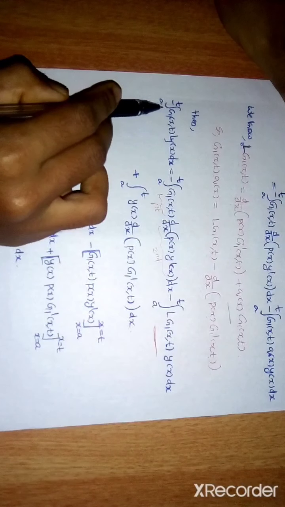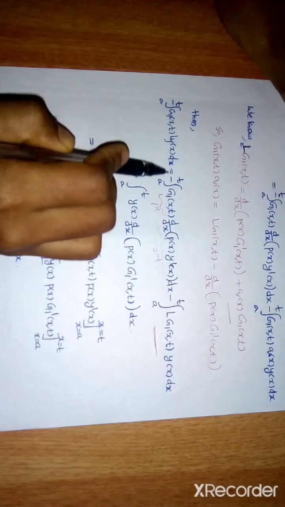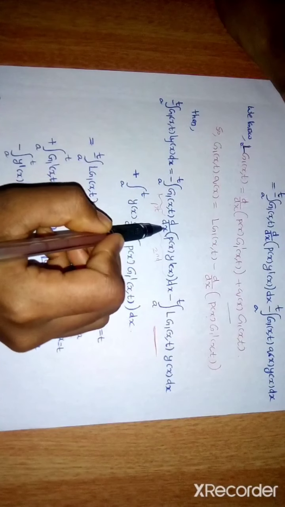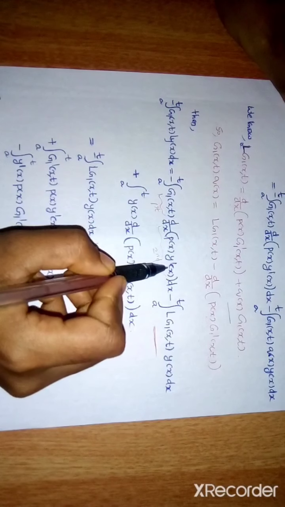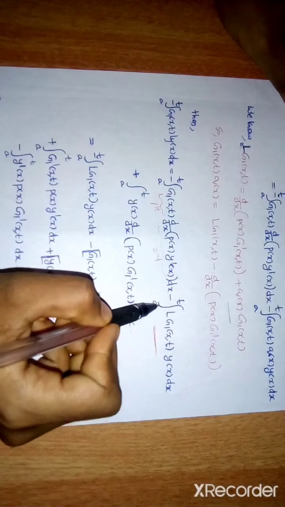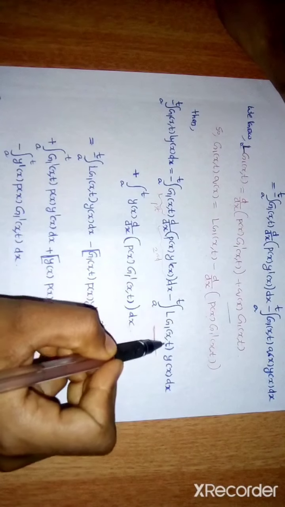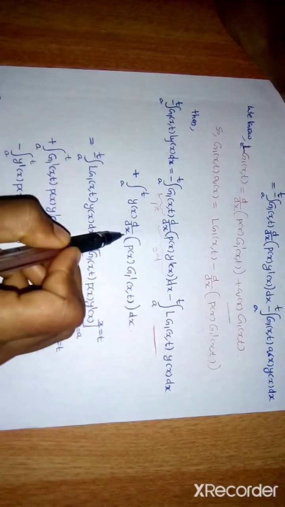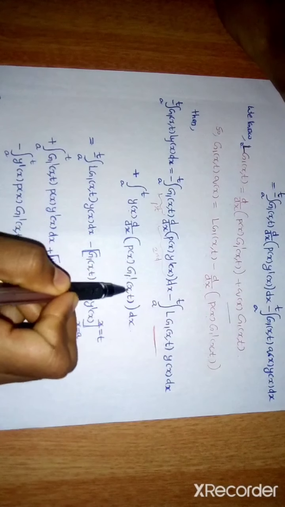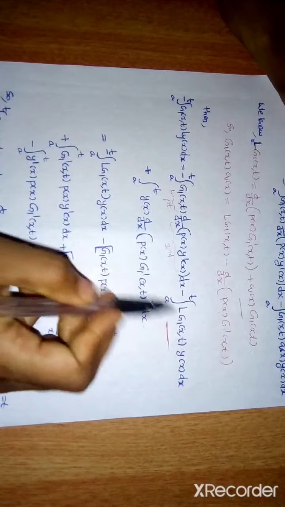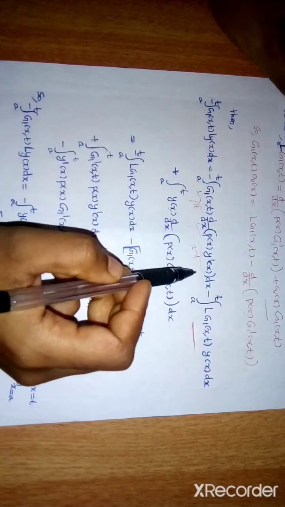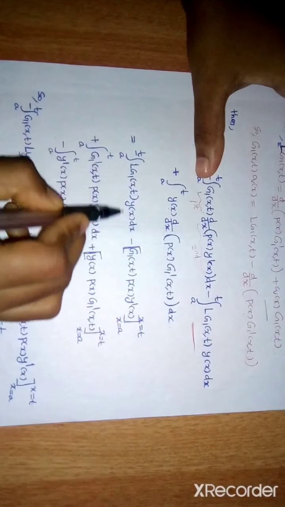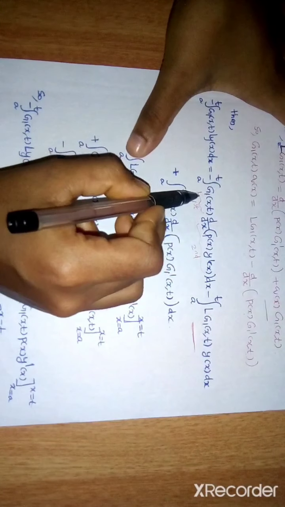We get minus integral a to t g1 of xt Ly of x dx equal to minus integral a to t g1 of xt d by dx of p of x y dash of x dx minus integral a to t L g1 of xt y of x dx plus integral a to t y of x d by dx of p of x g1 dash of xt dx. Okay, we are splitting the integral. Now we can write this term in the same manner and look at this term.